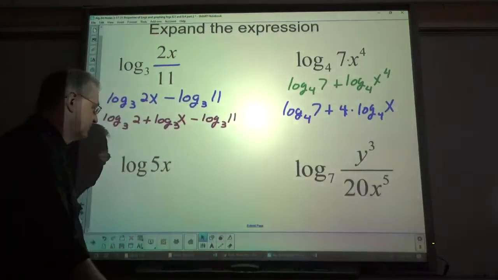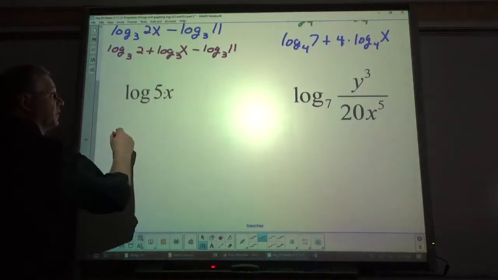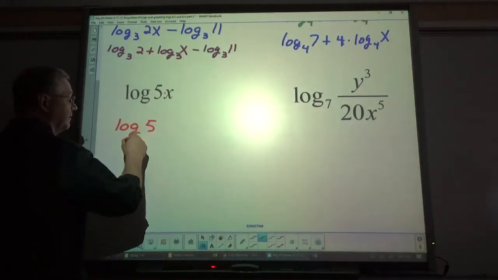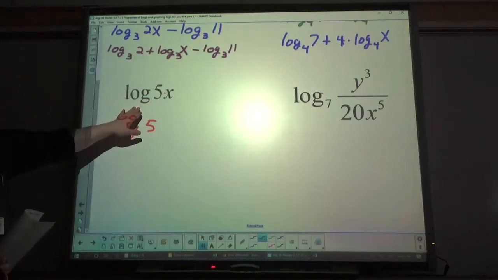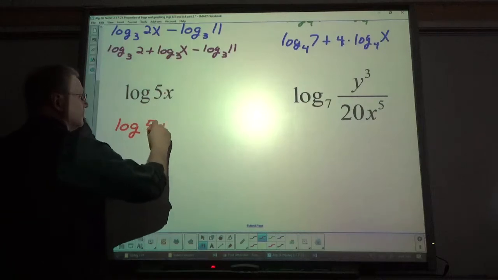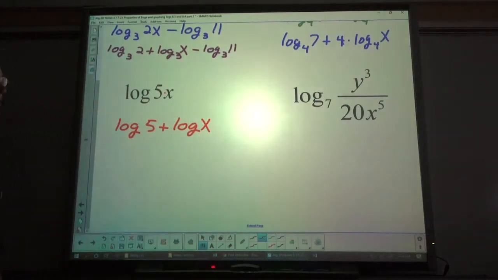Let's take a look down here. This is just multiply. Log base 5, this is common log, right? So log base 10 of 5 plus log of x. So if it does not have a base, you don't have to write the base because it's assumed to be base 10.